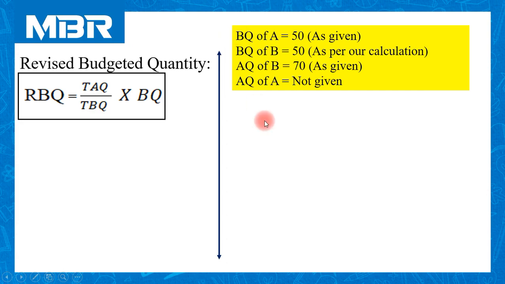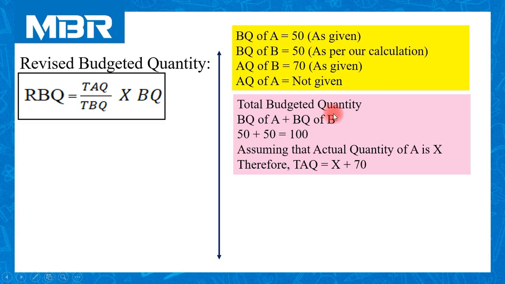So from this, now all of you are clear that our target is to calculate actual quantity of A. And once you calculate actual quantity of A, believe me, you can calculate all other variances of A within just a few seconds. Now, move forward.